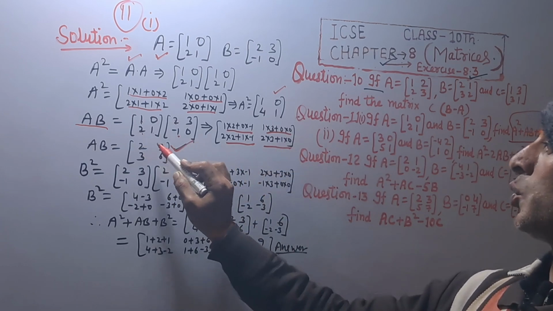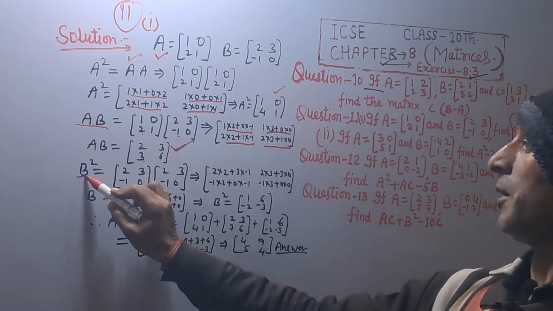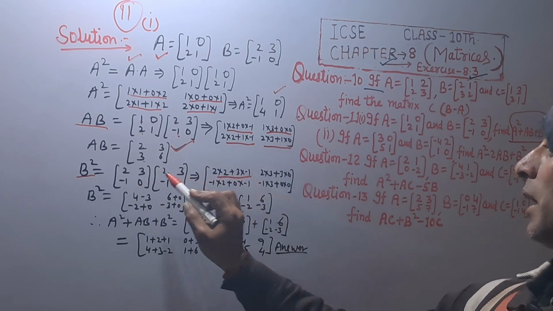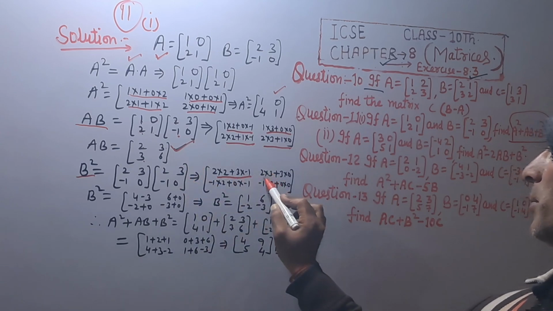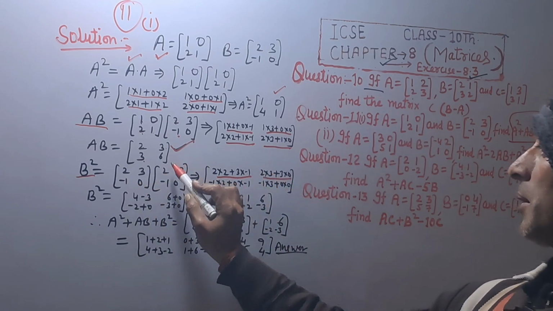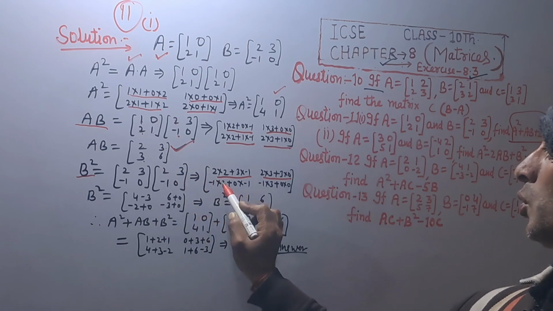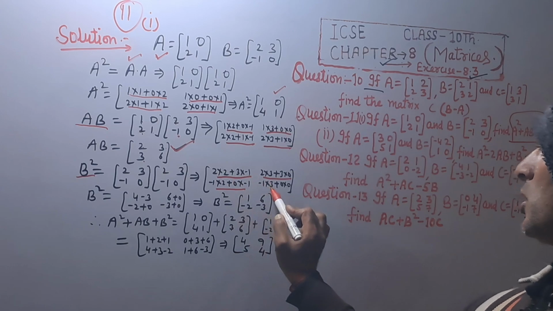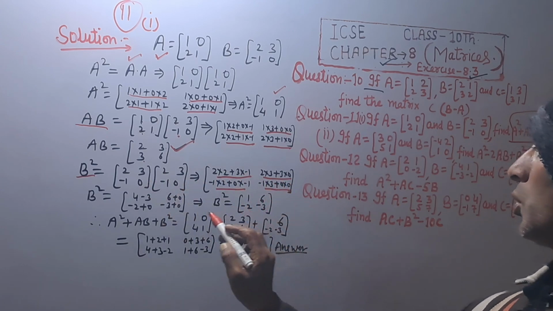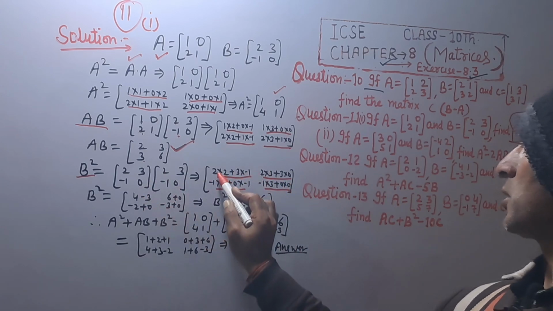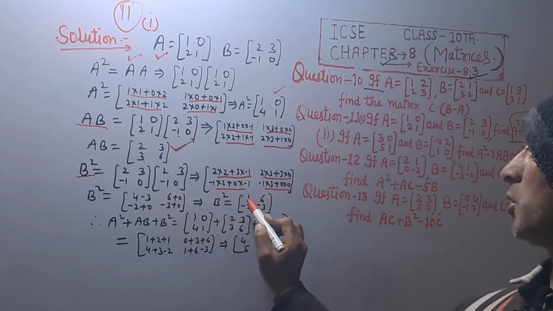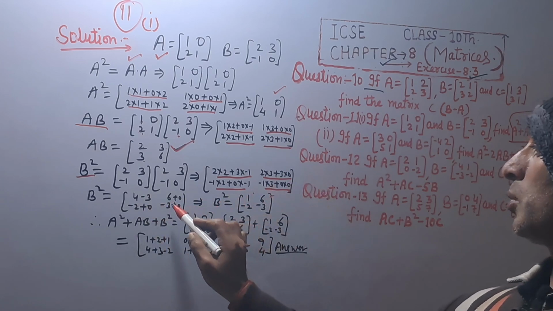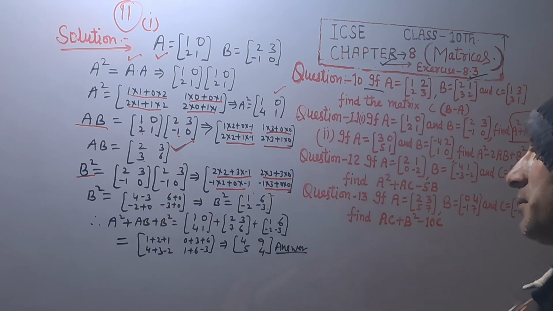That is AB is [2, 3; 3, 6], and B square is B into B, row multiply by column, first row multiply by second column, second row multiply by first column: -1 into 2 plus 0 into -1, and -1 into 3 plus 0 into 0. Then we get B square is 2 twos are 4 minus 3, that is equal to 1, 6 plus 0, 6, -2 plus 0, -2, -3 plus 0, that is -3.